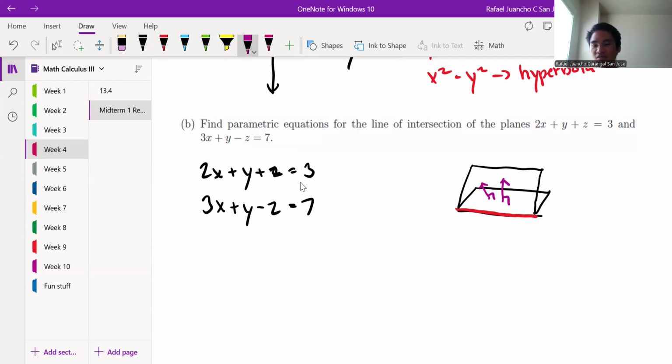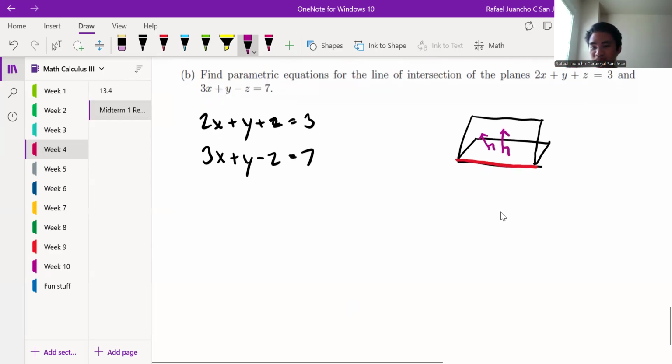What can we say? Well, their normal vectors are both perpendicular to this line, right? Both normal vectors are perpendicular to this line. And so what does that mean?